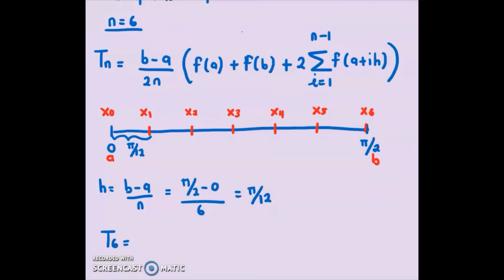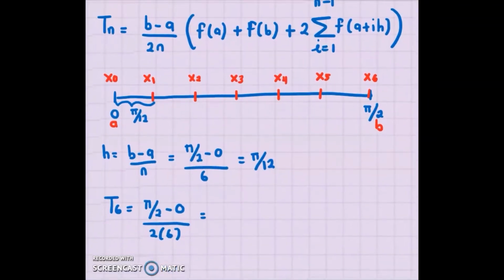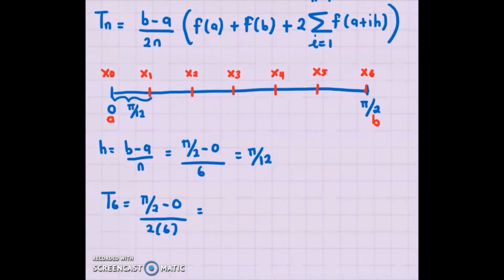Okay, since we have all this information, let's use T6. We have b minus a over 2n, so pi over 2 minus 0 over 2 times 6. Okay, 12 times 2, 24, so pi over 24.